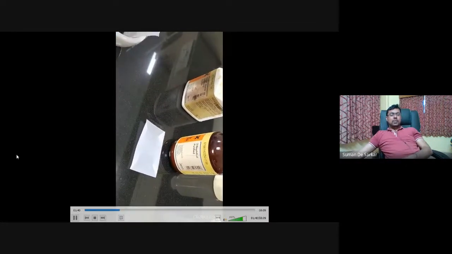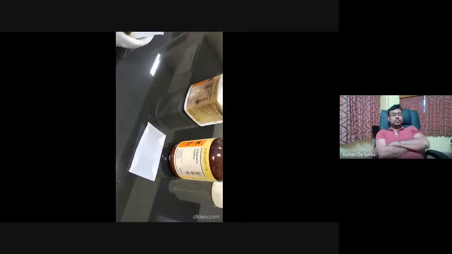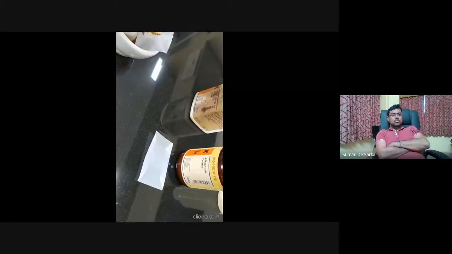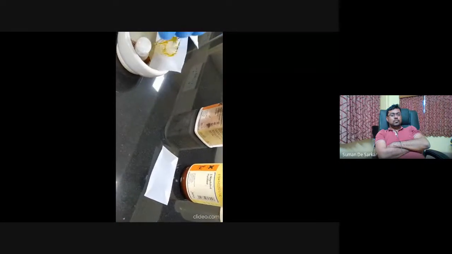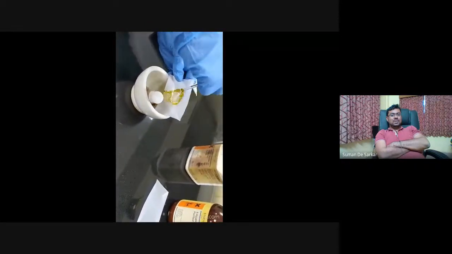Now you see the amount of iron chloride is much less, although the molecular weight is quite close. It's a bit hygroscopic, that's why it's sticking.